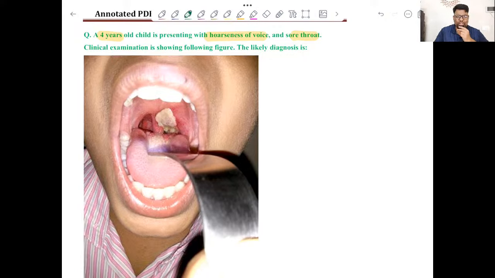Now hoarseness of voice means there is change in the quality of the voice, there is pain in the throat, and especially in a young child. And what we can see here is membrane formation. So there is usually a grayish to yellowish membrane formation, right? So this is a membrane.